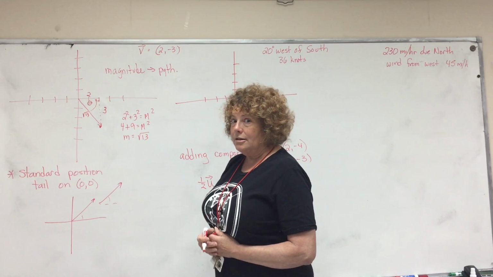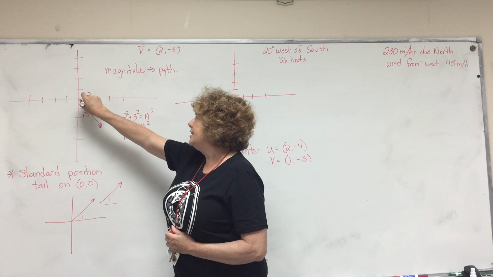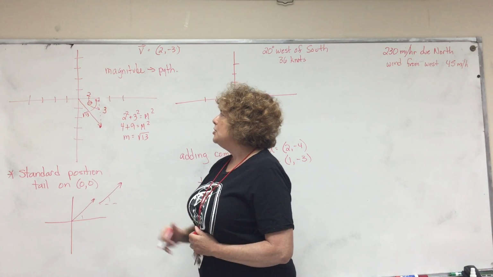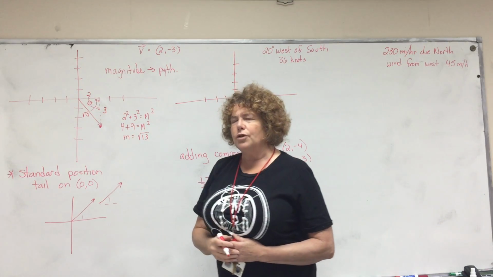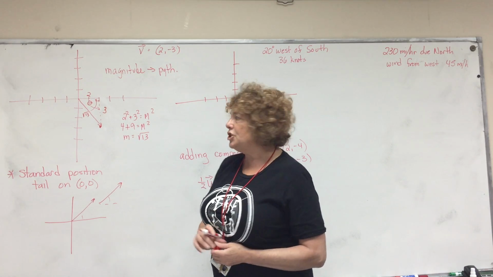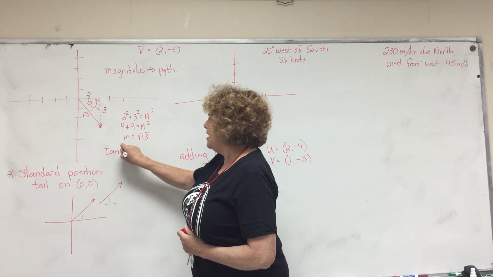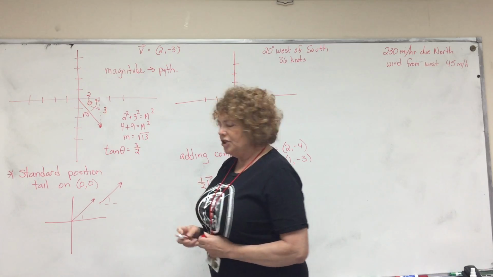Now for the angle, well, we have the side adjacent to the angle, and we have the side opposite the angle. So the side adjacent is 2, the side opposite is 3. So if you remember SOHCAHTOA, tangent has opposite and adjacent. So you would say the tangent of this angle is opposite over adjacent.